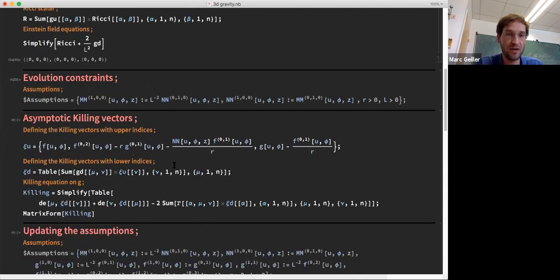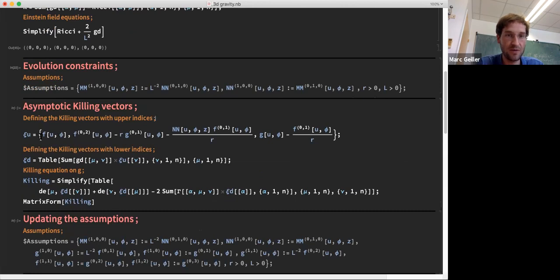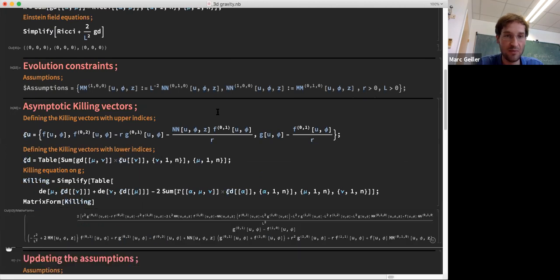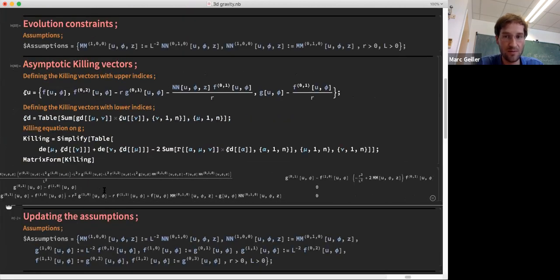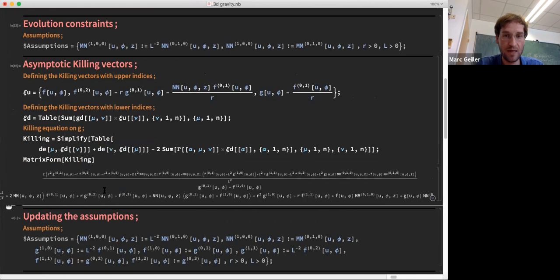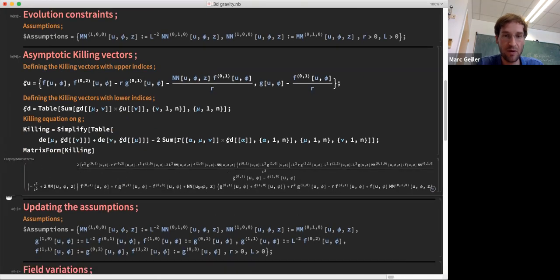Here we were just checking, so this is the asymptotic Killing vector which we gave for these metrics in Bondi Gauge. This is just computing the Killing equation, displayed here as a 3x3 matrix. Again, we mentioned that for these to be asymptotic Killing vectors, the U and phi components, F and G, have to satisfy a relationship, relating the U derivative and the phi derivative.